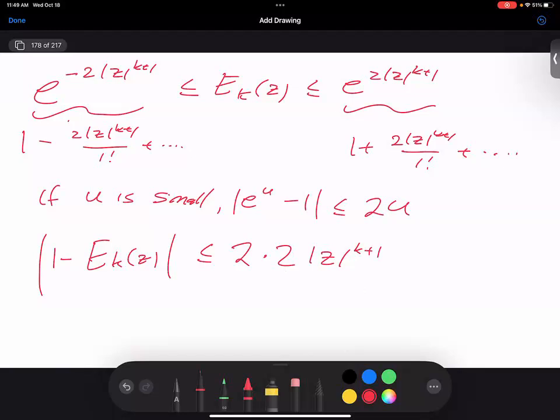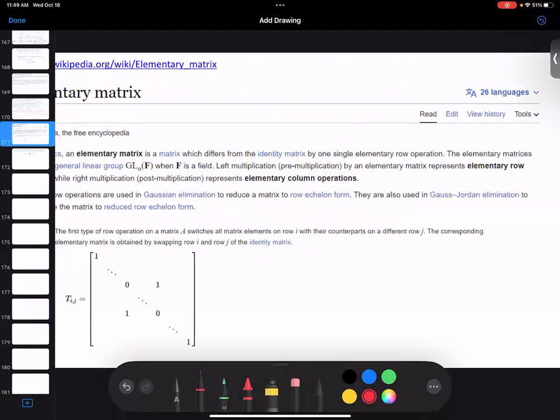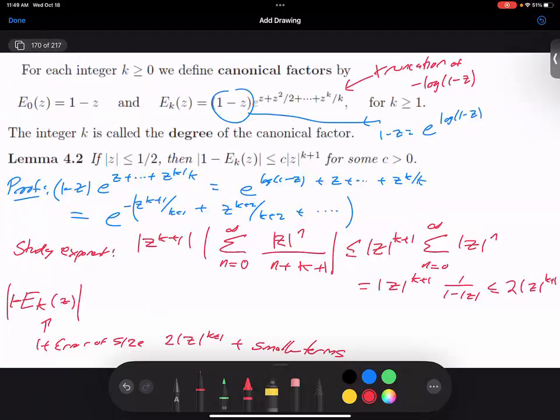And so if |z| is less than a half, then this is going to be 1/2 to the k plus 1. The larger k is, the smaller this is going to be. So the whole point of this, and we'll do more on this the next time, is that when I'm trying to look at these products, 1 minus e_k of z is going to be very, very, very close to 0.